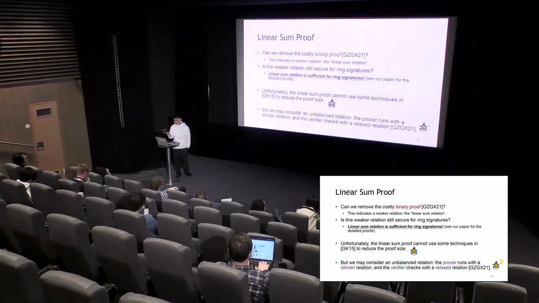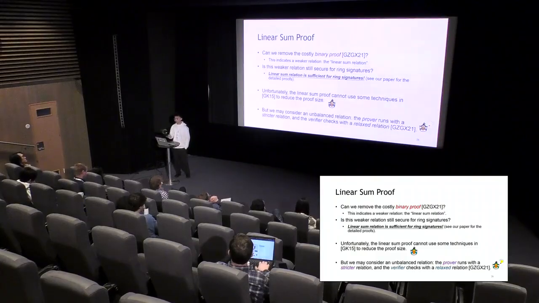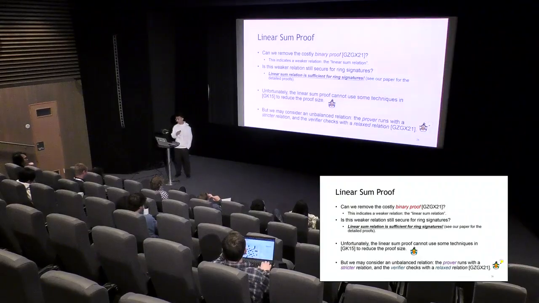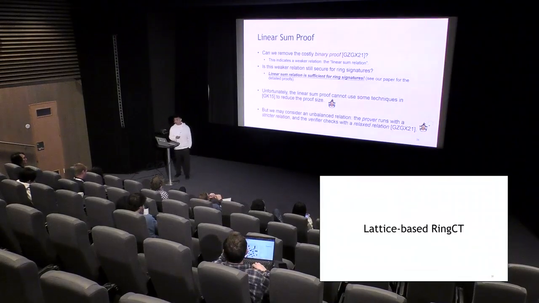Don't worry about that. We propose a so-called unbalanced relation, where the prover runs with a stricter relation, with respect to delta, which is a binary vector. But the verifier can simply check a relaxed one, where it does not need to ensure the vector to be binary, just a vector in a small range.